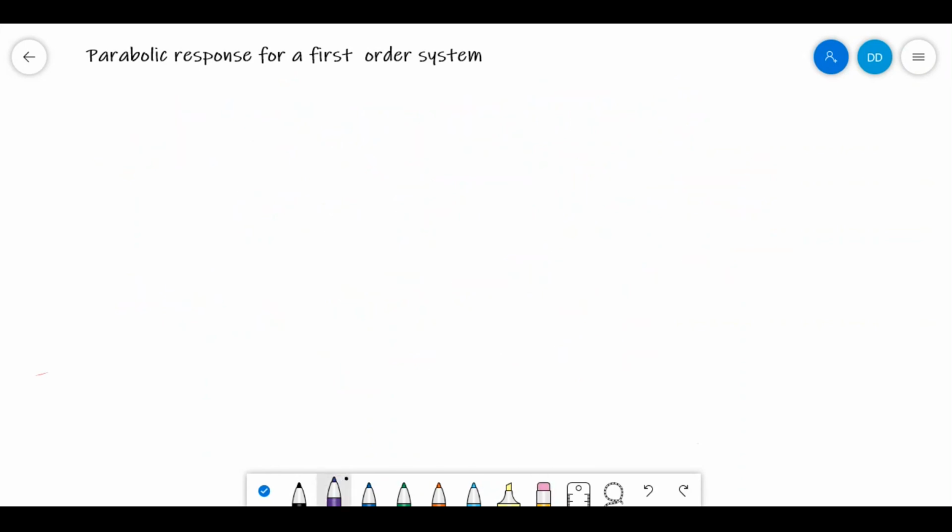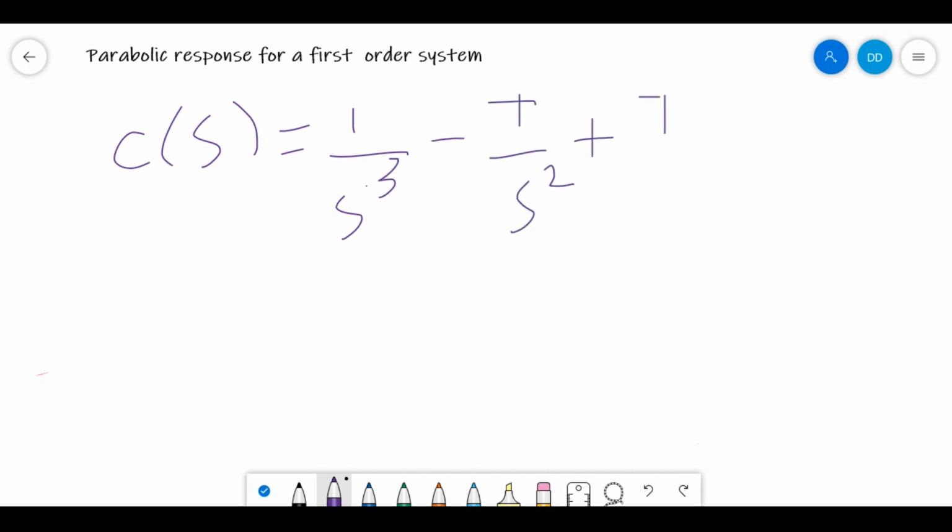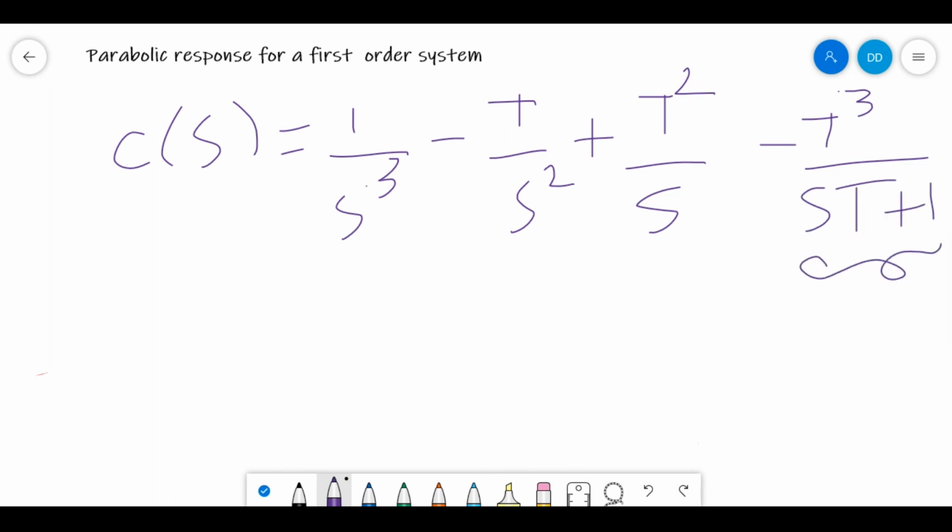So we can write C of s is equal to 1 by s cube minus T by s square plus T square by s minus T cube divided by sT plus 1.